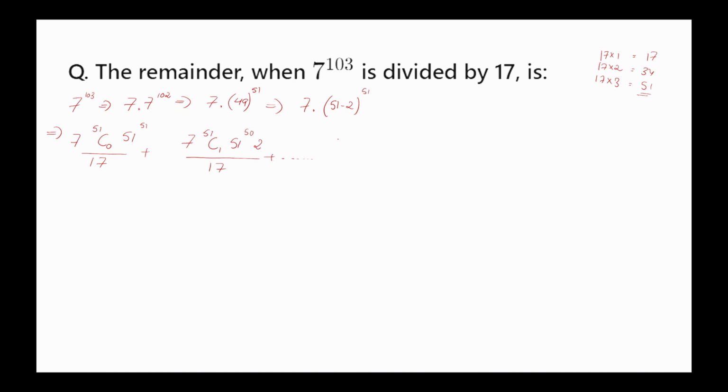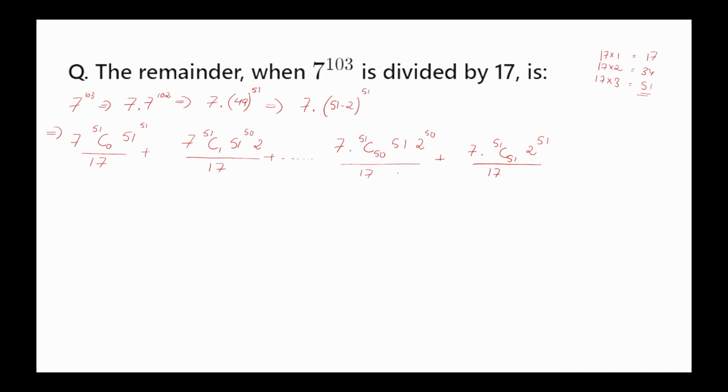And this goes on till we have 7 into 51 C50, 51 into 2 to the power 50, divided by 17. And our last term would be 7 into 51 C51, 2 to the power 51 upon 17.